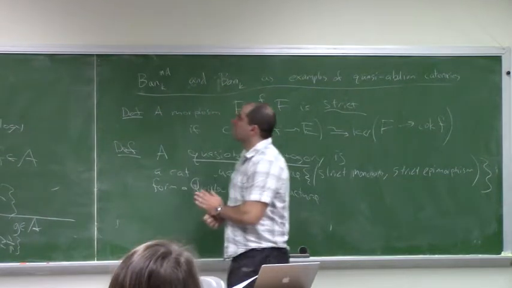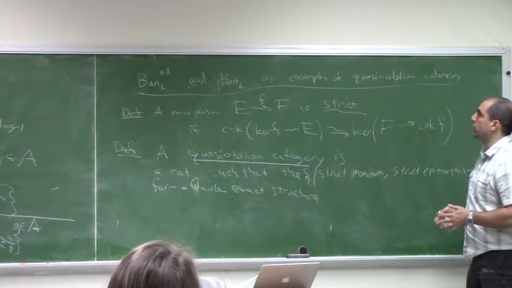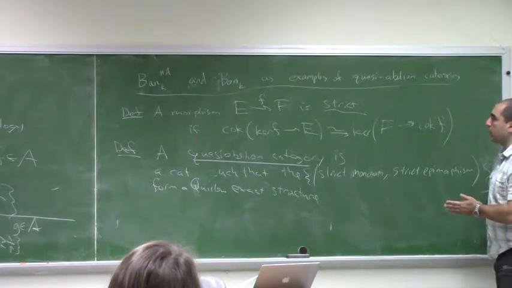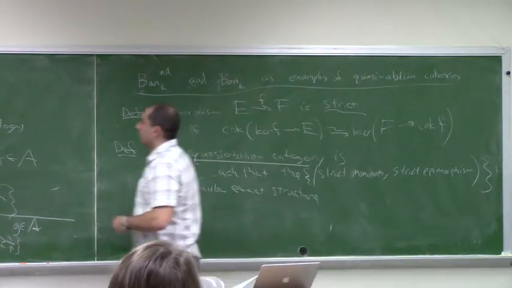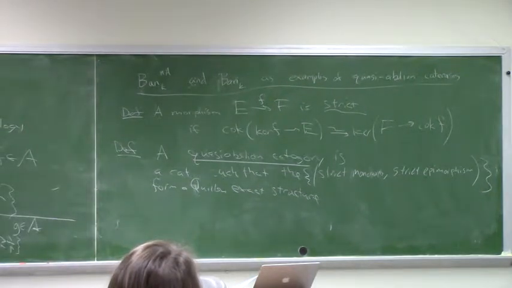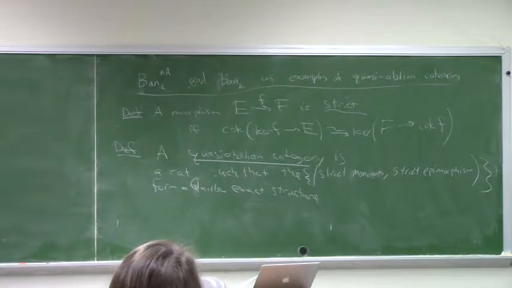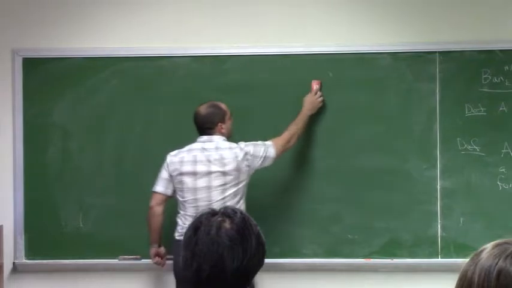Okay, so this category of Banach spaces is not only, like I said before, closed symmetric monoidal, it's also quasi-abelian. And in particular, we can derive the tensor product. It also has enough projectives that allow you to derive the tensor product. Both the non-Archimedean and Archimedean versions have enough projectives. So let me just state that as a fact. Let me say what I mean by projective first.